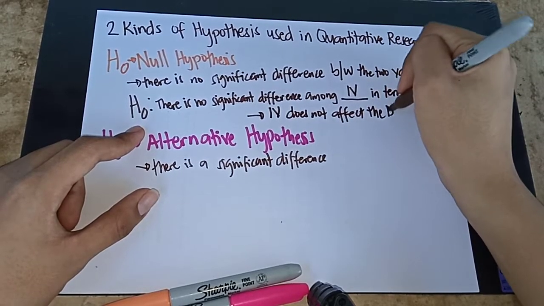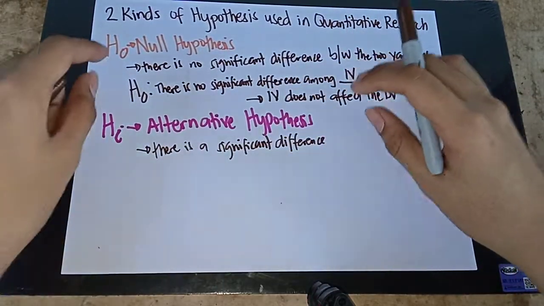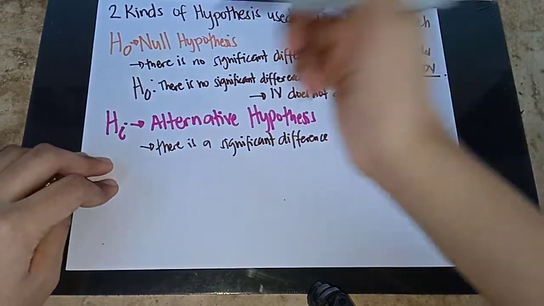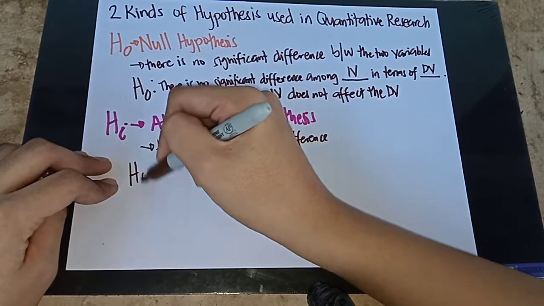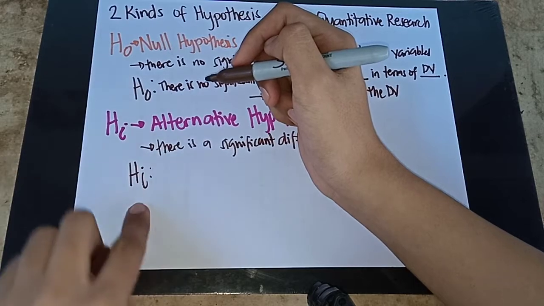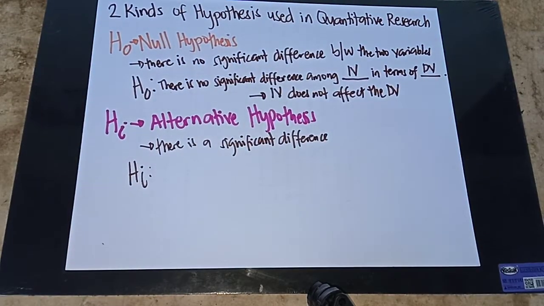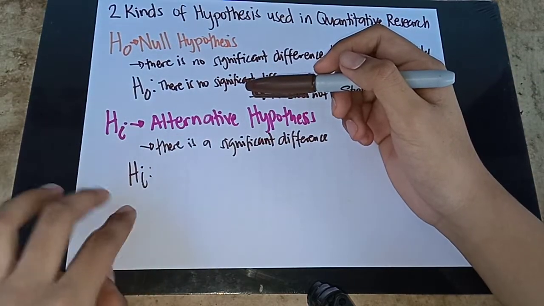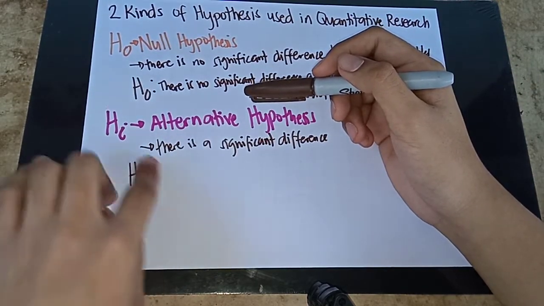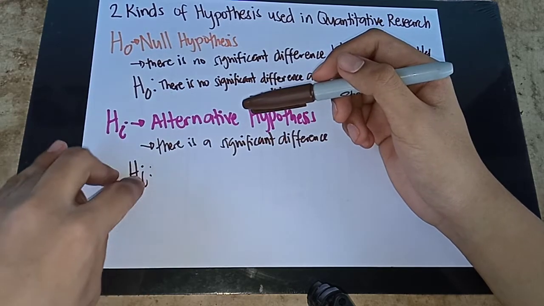the dependent variable. So in contrast with the null hypothesis, the format for the alternative hypothesis is this: H sub I, where the I is italicized. Okay, the alternative hypothesis, written as H sub I, colon.